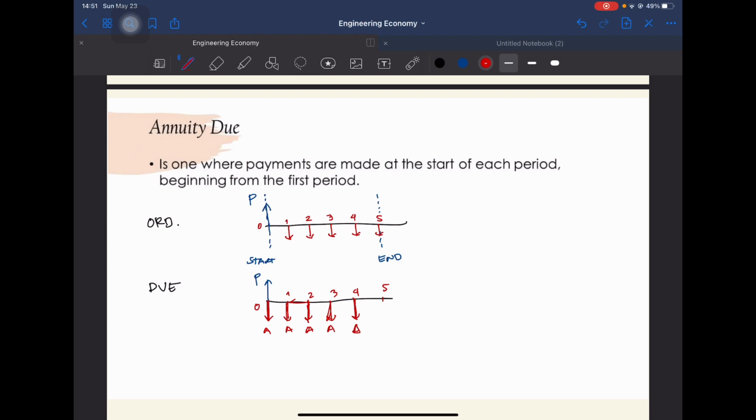Ang kailangan mo lang ma-master na gamitin is yung formula ng ordinary annuity. Hindi ako fan ng memorizing ng maraming formulas. Kung kaya mo namang magkabisa na lang ng isang formula and apply it to all situations, all problems na makikita mo.